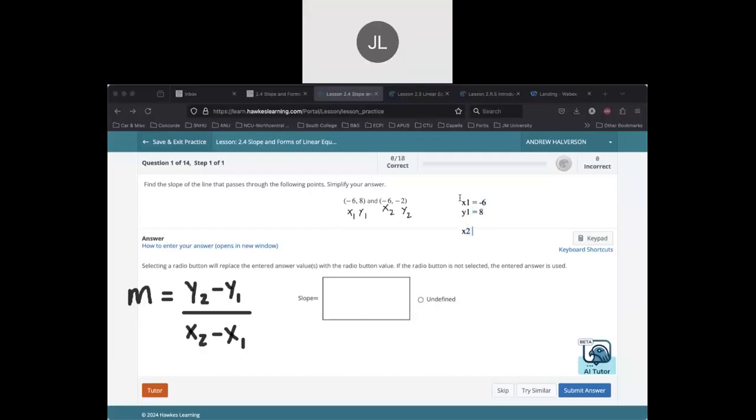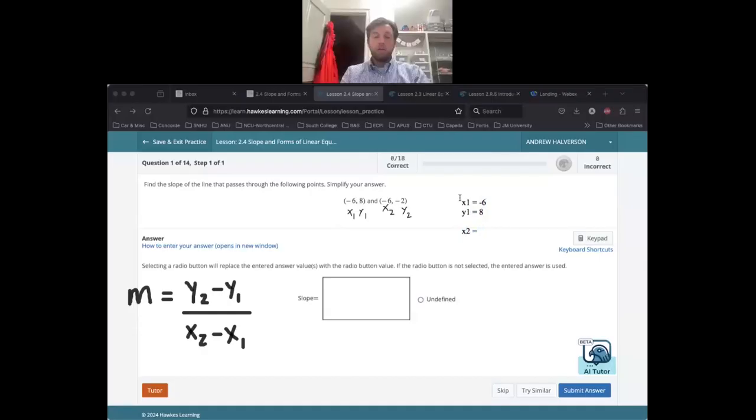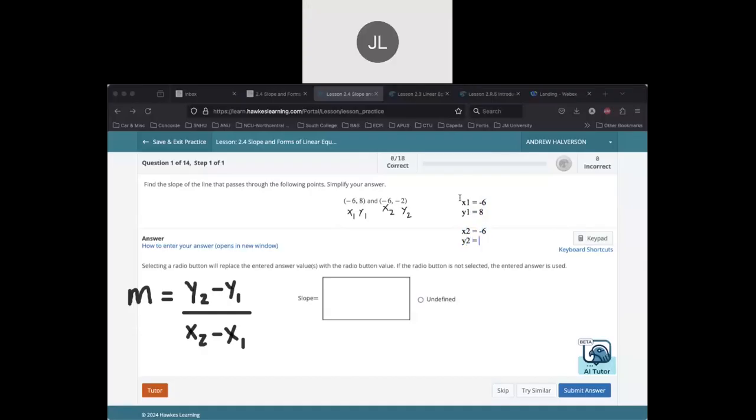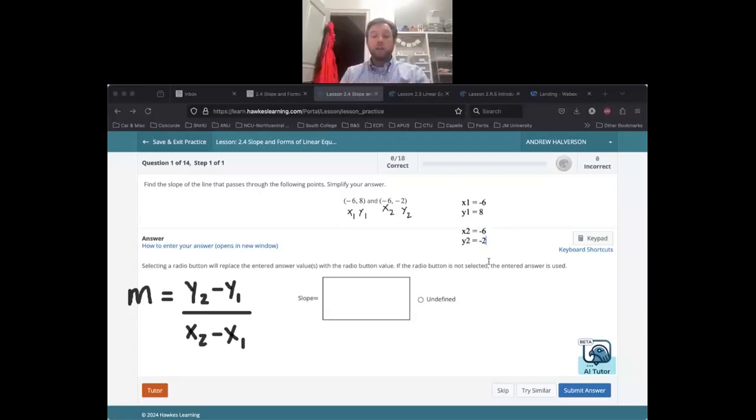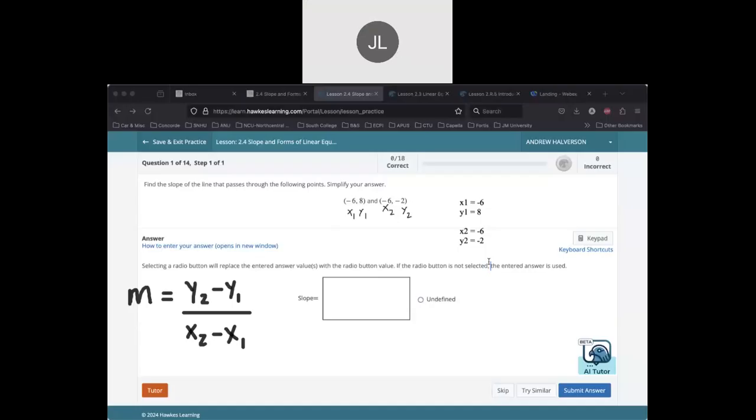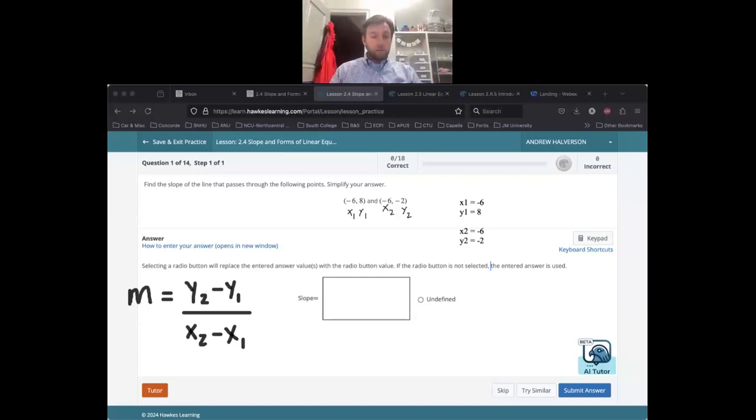What's the value of x2? -6. And what's the value of y2? -2. So what I do is I list them out. What are the values I'm working with? It helps. Now you take these values and plug them into that formula.